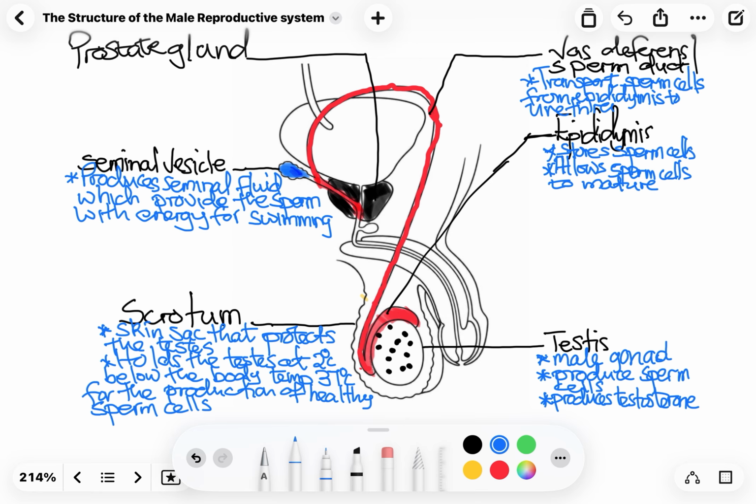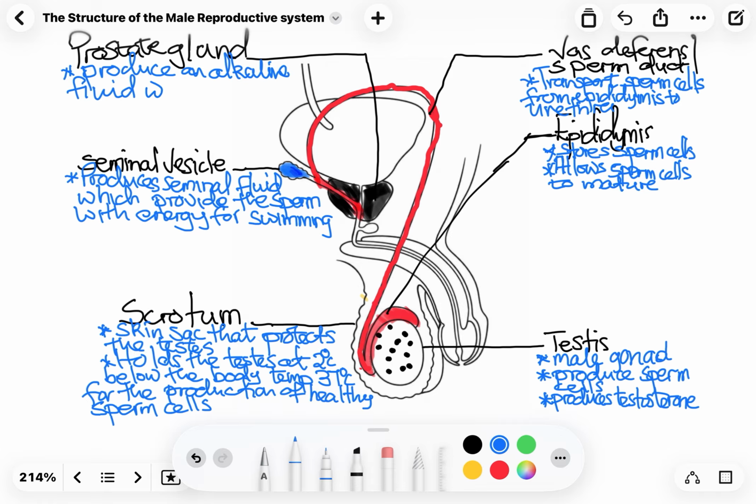So we're going to say that it produces an alkaline fluid, right?